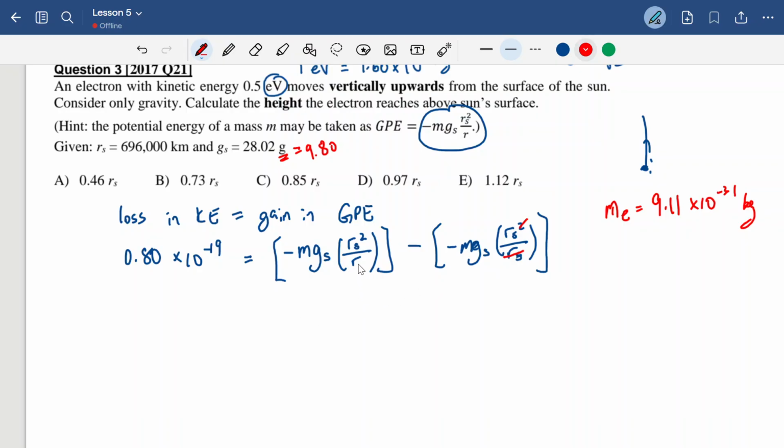From here, you must find what is R. So what I will do is, RS minus RS squared over R equals 0.8 times 10 power minus 19 over MgS.